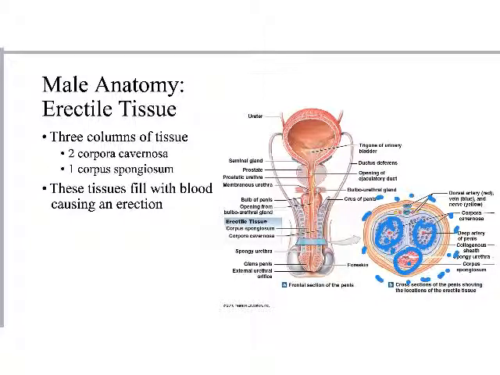And that blood increases the pressure, which then allows the penis to become more firm. And then, of course, that's necessary in order for reproduction to happen. So it's these special columns of tissue that allow that to happen.